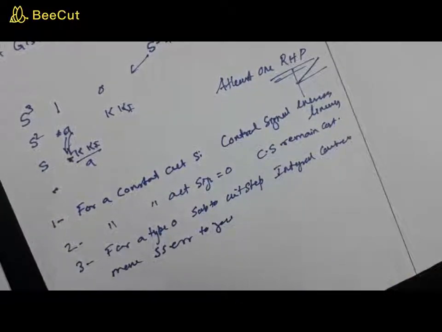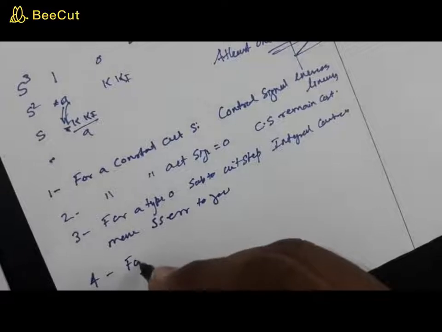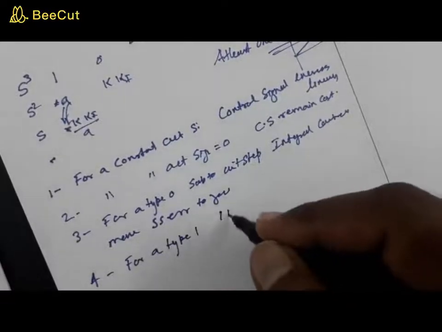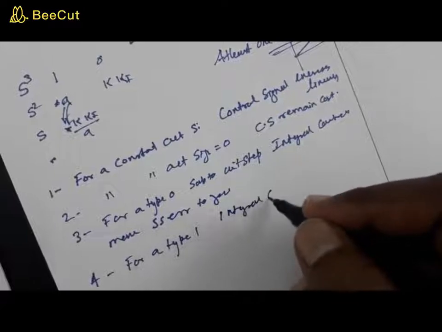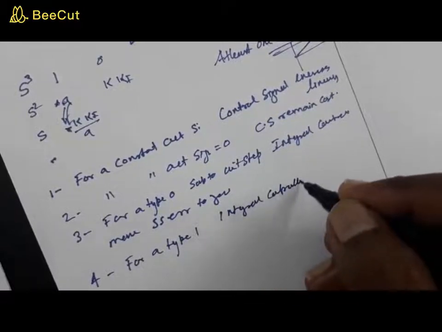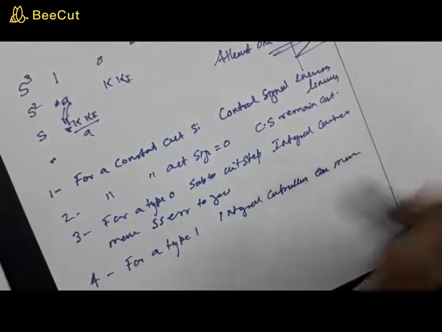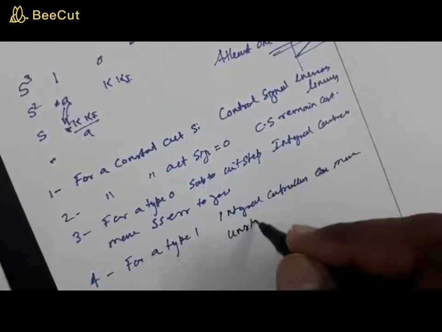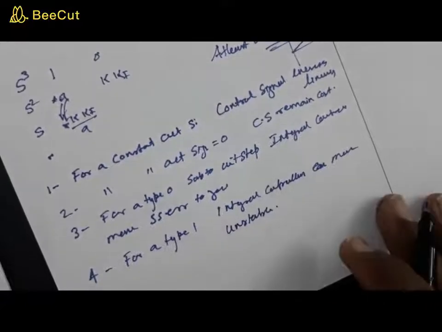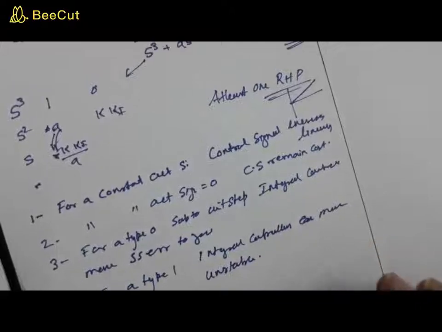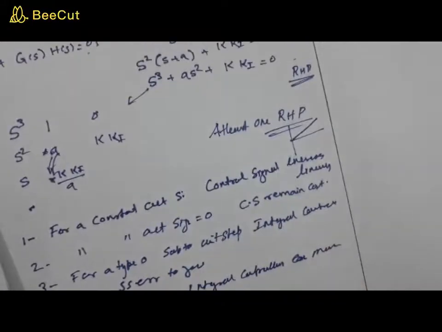While the fourth condition is, for a type 1 system, the same integral controller can make the system unstable. So these are the four important points regarding the integral controller. Okay.